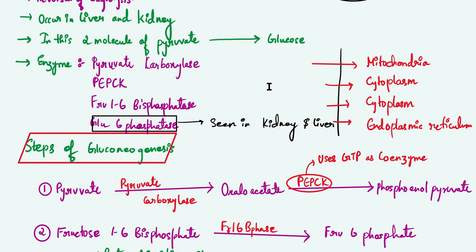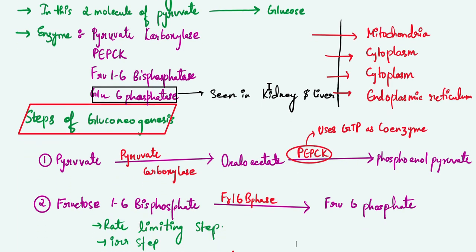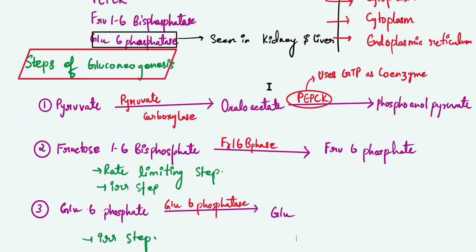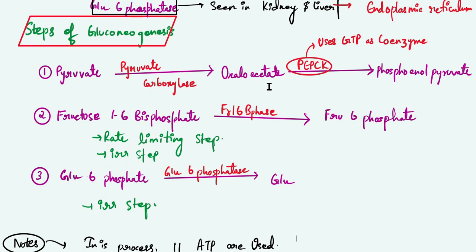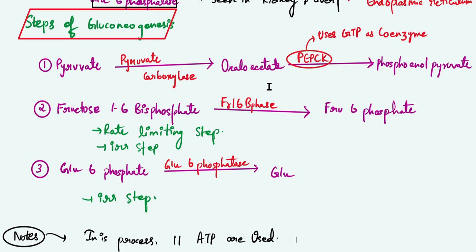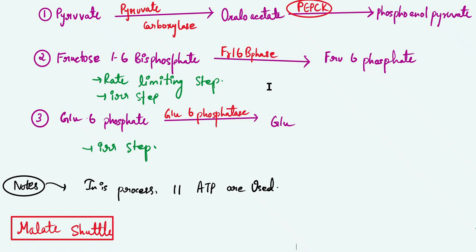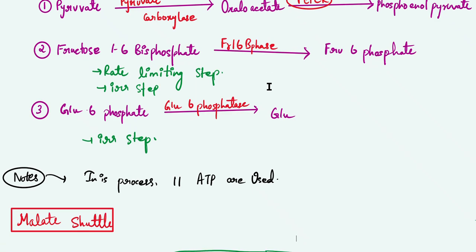We have discussed the important steps: pyruvate to phosphoenolpyruvate; fructose 1,6 bisphosphate to fructose 6 phosphate, which is the rate limiting and irreversible step; and glucose 6 phosphate to glucose, which is also an irreversible step. In this process 11 ATP are used. We also discussed the malate shuttle. This is all from my side on gluconeogenesis.